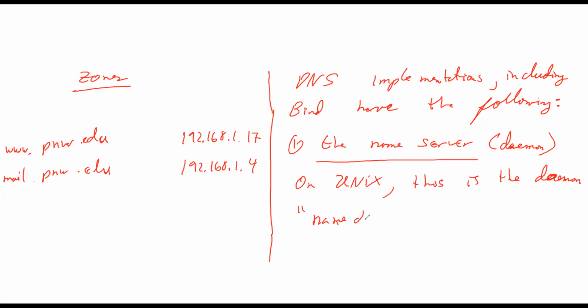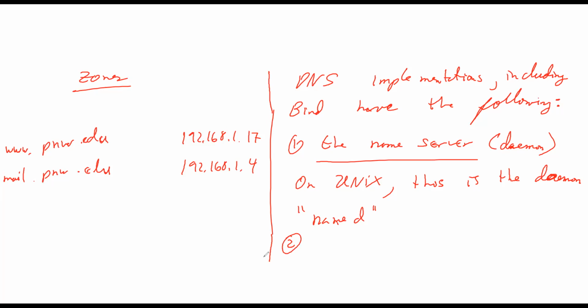Remember, it's name, and the convention is named. The d stands for daemon, and this is the service that you will have to enable and then configure, right? And it's configured, as everything is in Linux, via configuring a whole bunch of text files. Okay? So you will do the configuration like that.